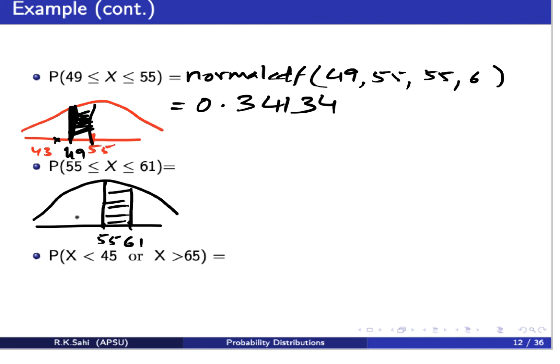So the probability here is exactly the probability here. The only thing is one is on the left and the other is on the right. So now here, 55 is on the lower end, 61, 55, and 6. When you put it again in the same calculator, you will notice the answer is exactly what we got earlier.